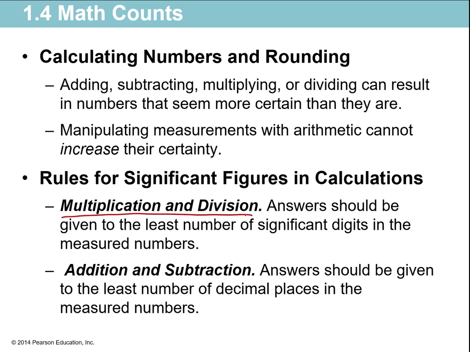If you have measured values in a math problem, your answer cannot have any more significant figures than the numbers in the problem. This is the case with multiplication and division.